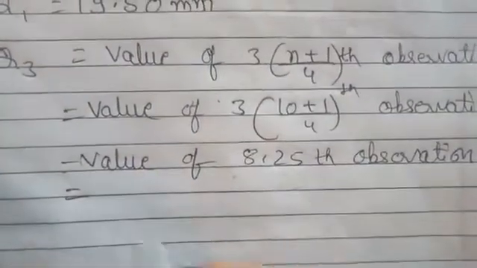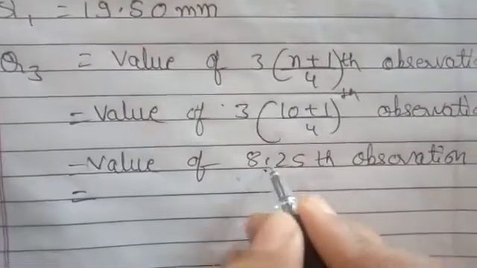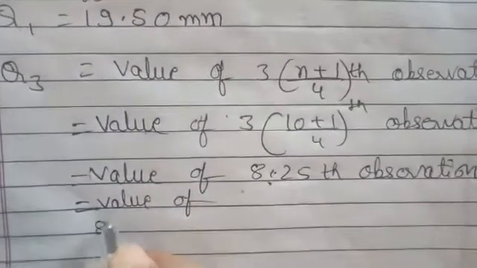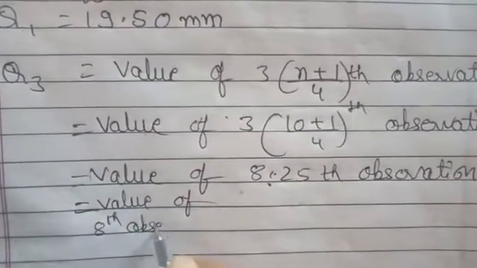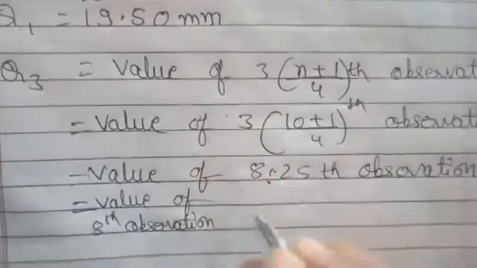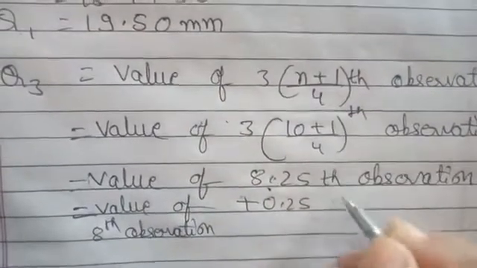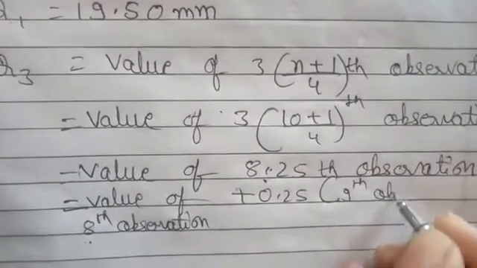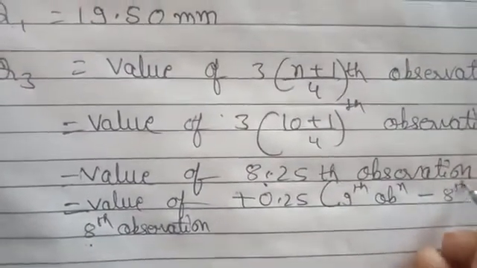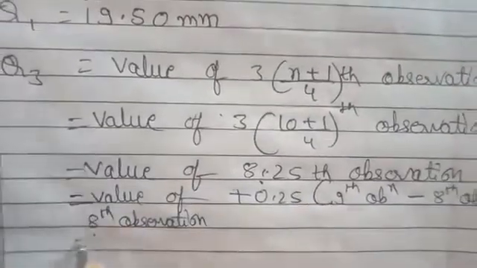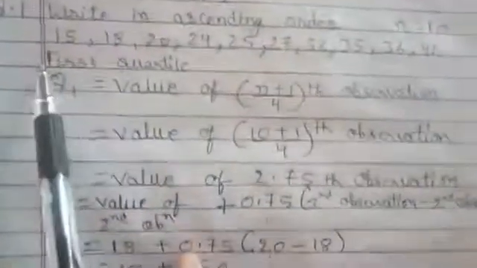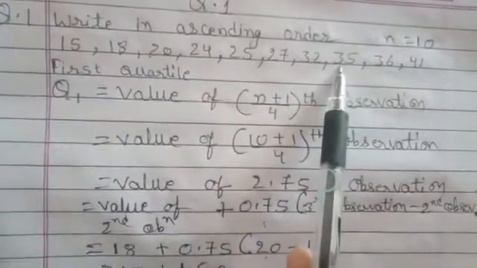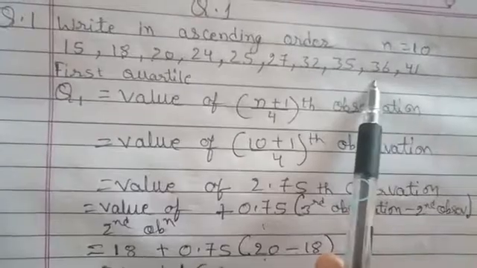Now again it is in decimal, so what we'll do: value of 8th observation plus 0.25 times (9th observation minus 8th observation), since the next observation after the 8th is the 9th. Now we have to see from the table which is our 8th observation: 1, 2, 3, 4, 5, 6, 7 and 8. The 8th observation is 35 and the 9th is 36.